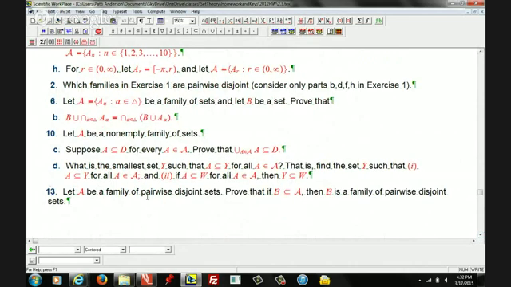Okay, number 13 is the last one on the homework. That's a hard one. That's the one that you guys are going to try and prove right now. And then when you get done with number 13, you can just work back on the other ones until class ends in another 11 minutes.